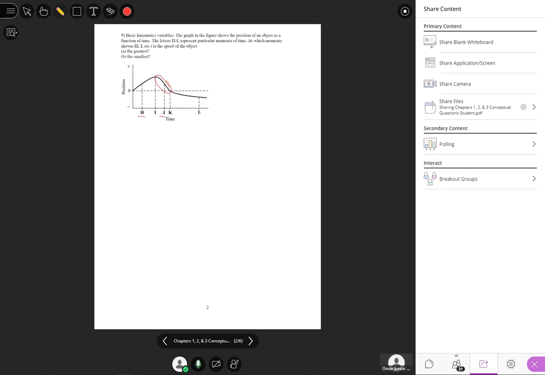Notice from here to here is a shorter time interval than from 0 to here. So my velocity would actually be highest right here at J. So J is the correct answer, okay?